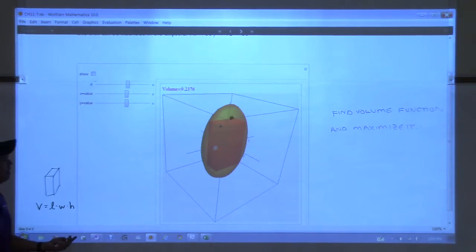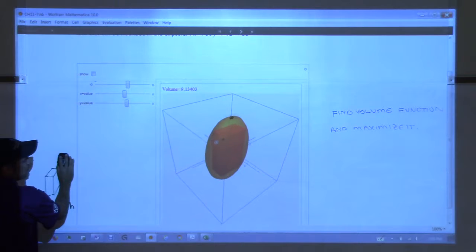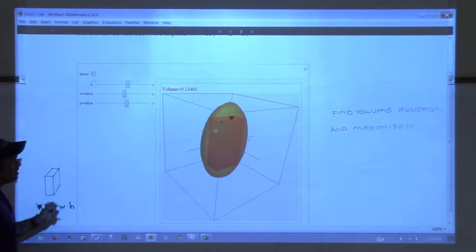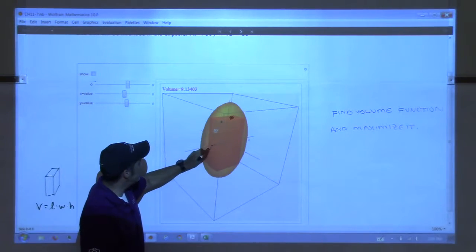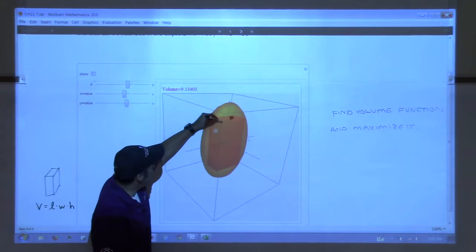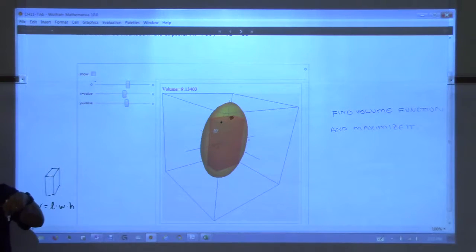So one perspective here is that if we look at this box inside, see that black point? That black point is going to be, let's say, in our first octant. To get to that black point, we come out on the x-axis some distance, we come out on the y-axis, and we go up to some z point, and that point actually lives on the ellipsoid, right?